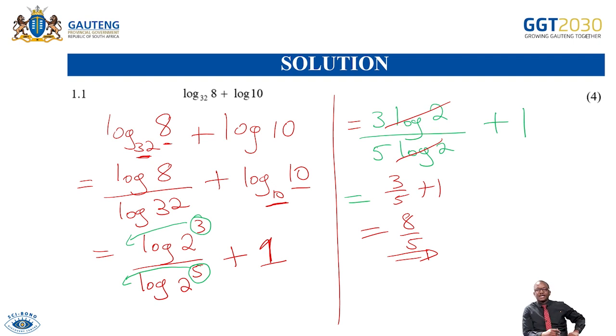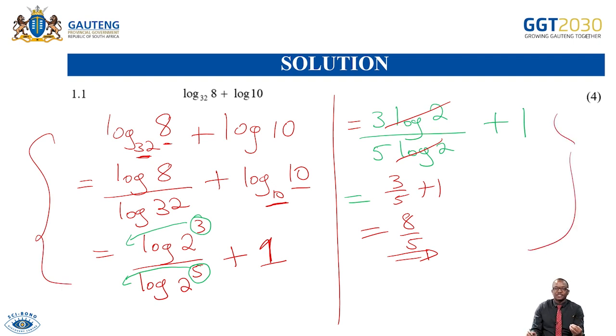So that's basically how you solve that. And one thing about these questions is that they said without use of a calculator, they want to see your workings. When you arrive at the answer, you can still punch this in a calculator to confirm your answer. Punch log base 32 of 8 plus log 10.